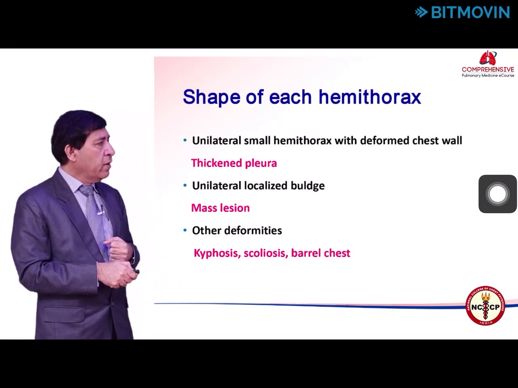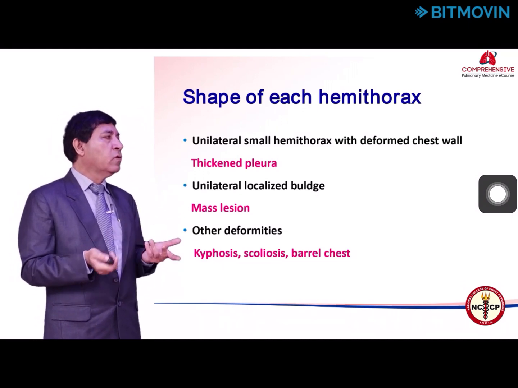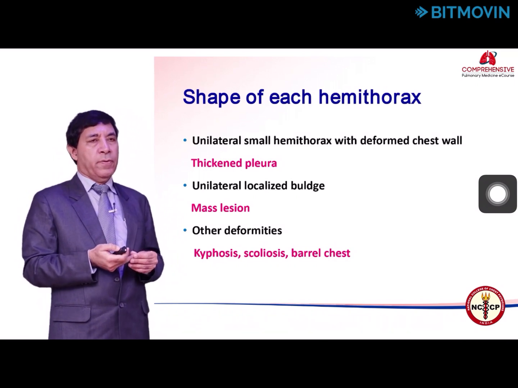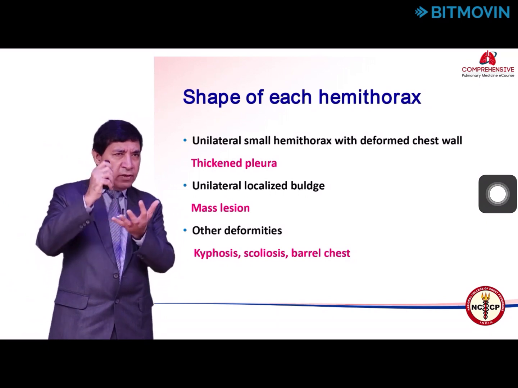So when you have a unilateral small hemithorax with deformity, then the most likely diagnosis is a thickened pleura. In thickened pleura, basically it is a contraction of the chest wall.